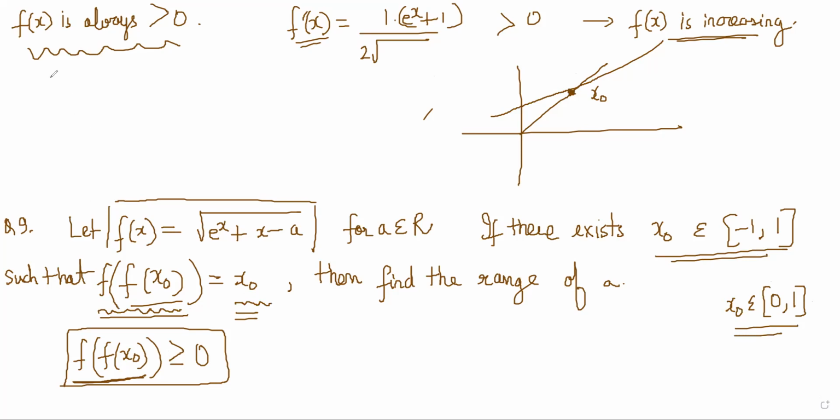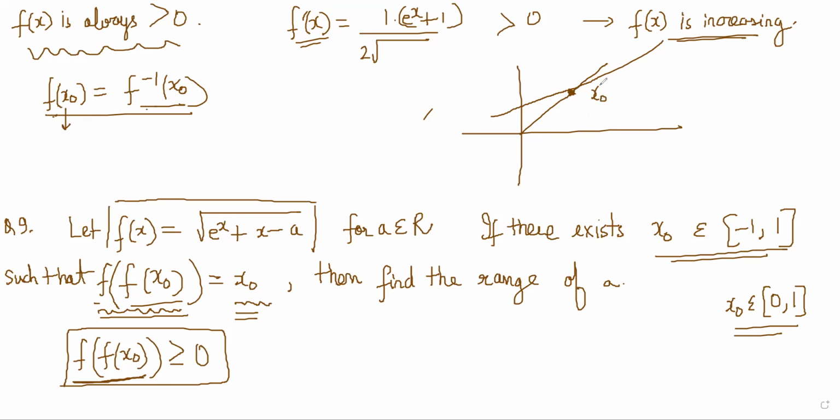Now, obviously, you can write f(x naught) = f inverse of x naught here, because f(x naught) is x naught. So take inverse on both sides. What we are saying is that the function is equal to its inverse at the same point x naught. An inverse and a function are reflections of each other around the line y = x.